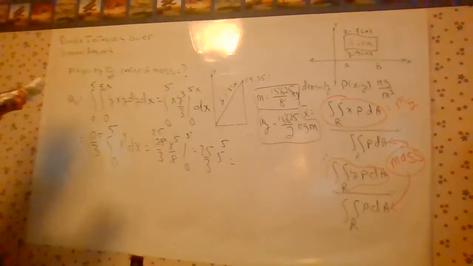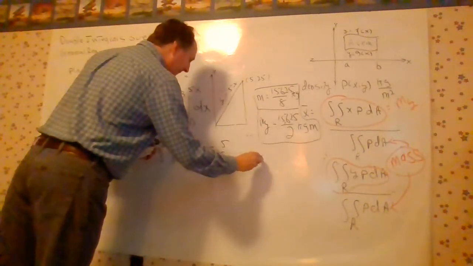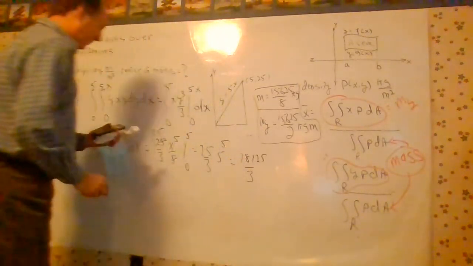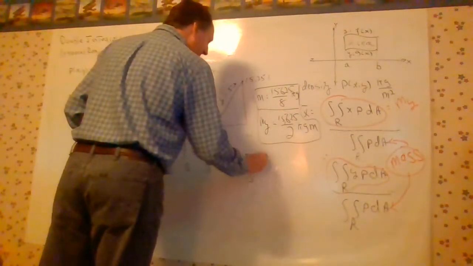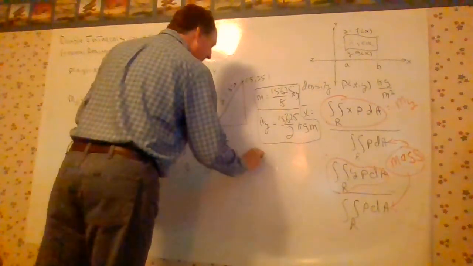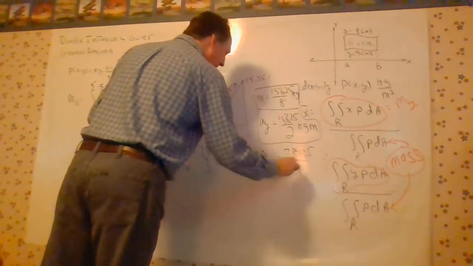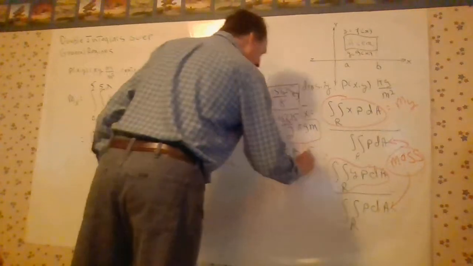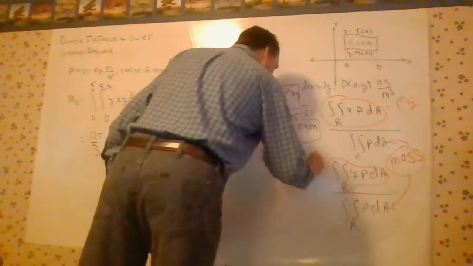That's a pretty big number. 25 times 5 to the 5th, and we got 78,125 over 3. That is our m sub x, and that's going to be kilogram meters.